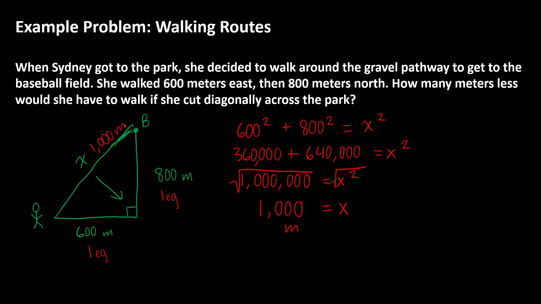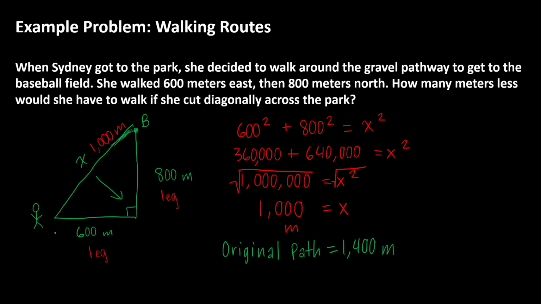But that's not the end of our question. It's asking how many meters less would she have to walk if she cut diagonally across. So let's look back to her original path. If she walked 600 meters east and then walked 800 meters north, we know that the original path, if you add those together, is 1,400 meters.